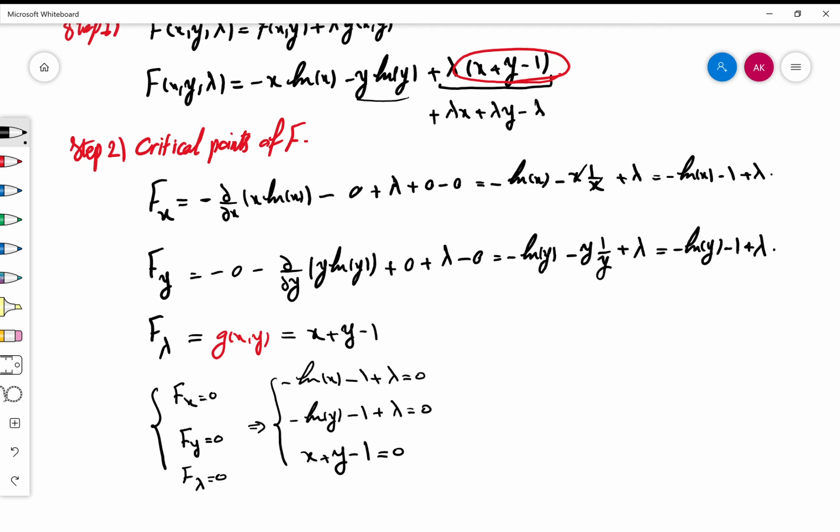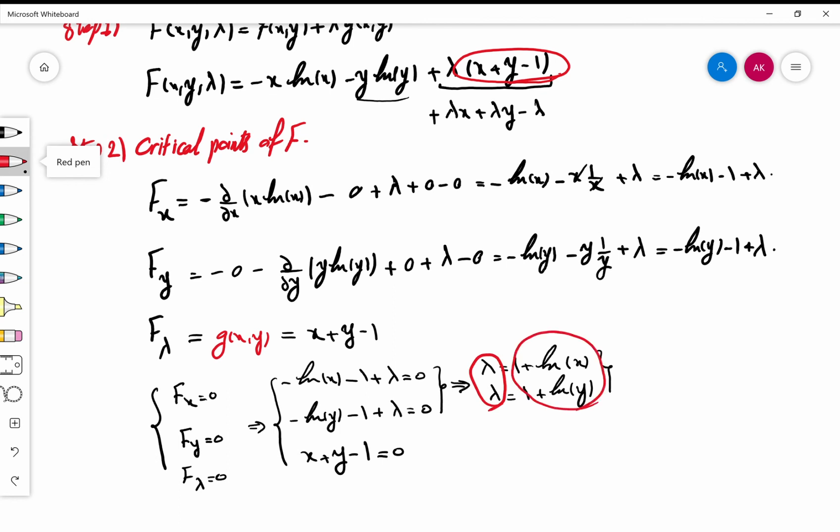So how do we solve this? Use the first two equations, and write lambda in terms of x and y. The first one gives me lambda equals 1 plus ln x, and the second one gives me lambda equals 1 plus ln y. These are the same thing, so the right hand sides are equal too.